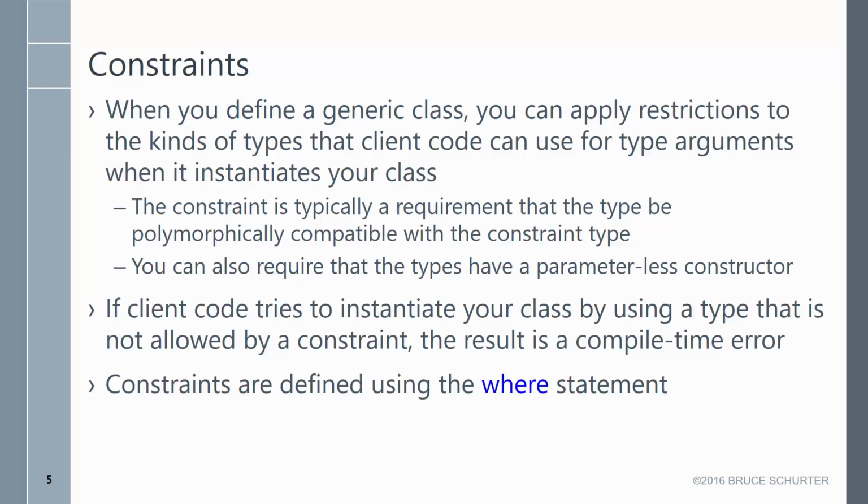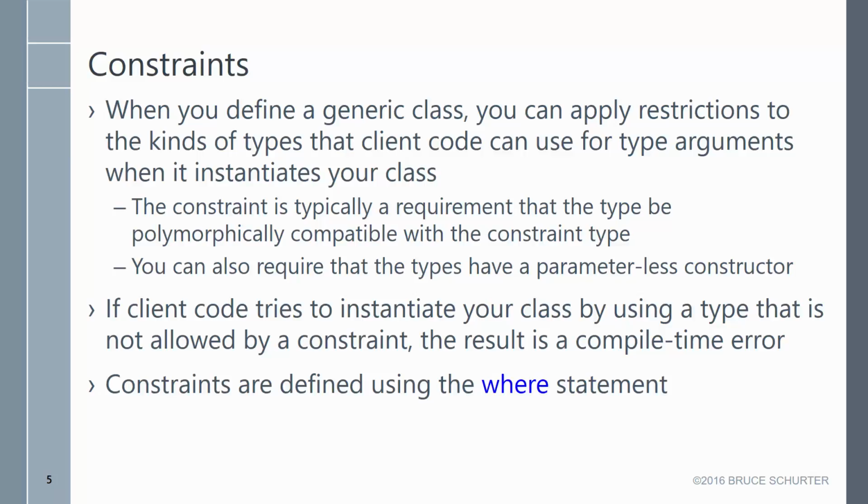Therefore, the only thing we can stick in this particular generic class would be a Person, Student, Teacher, Employee, etc. And again, as mentioned, we can force that the implementer of this generic also has a default constructor, in other words, a constructor that accepts no parameters.